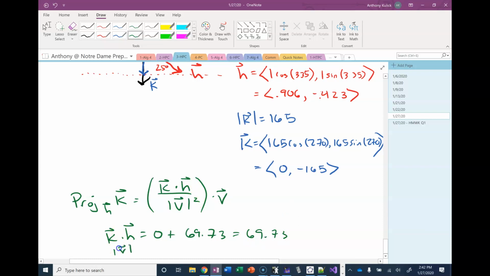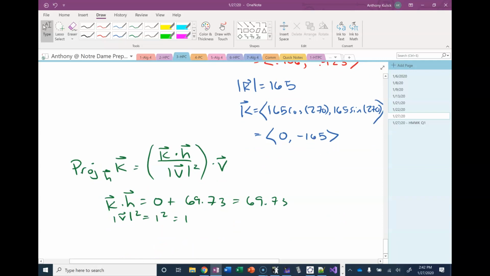Thank you. You are correct. So when I do that, my projection is just 69.73 times my vector 0.906, negative 0.423.